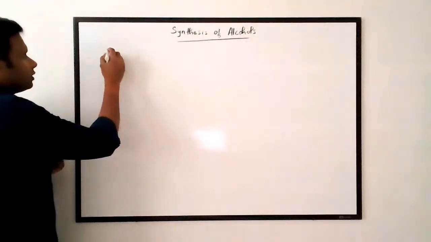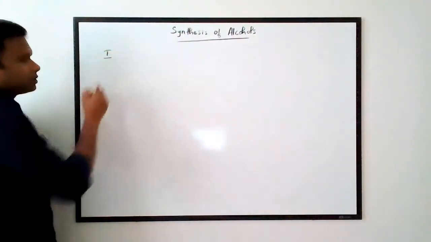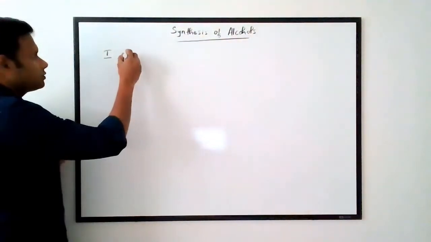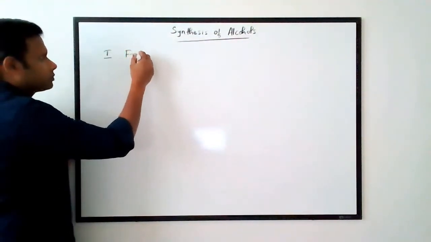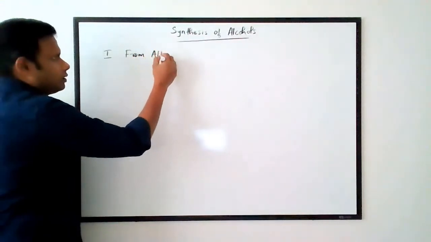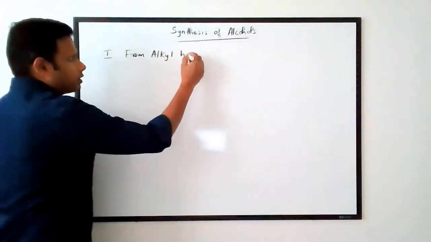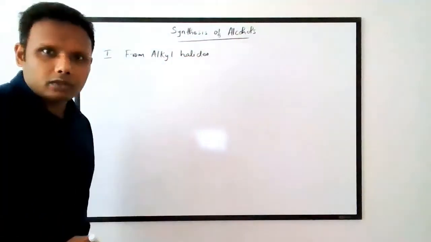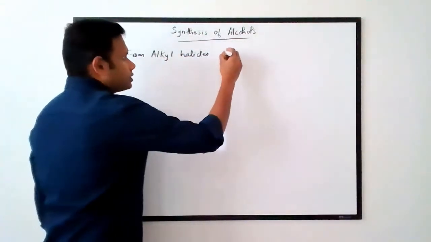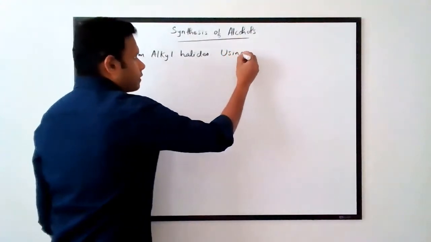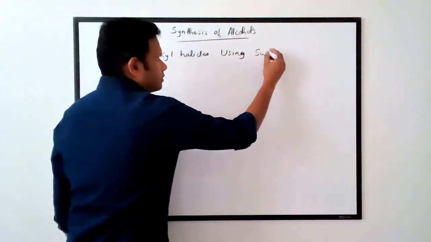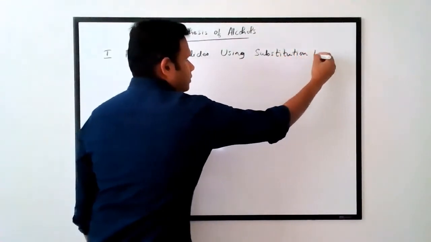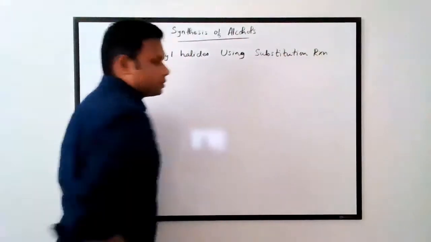So the very first synthesis of alcohols that we learned in organic chemistry is from alkyl halides. Okay, so alkyl halides can be converted into alcohols, and this is by using substitution reaction.